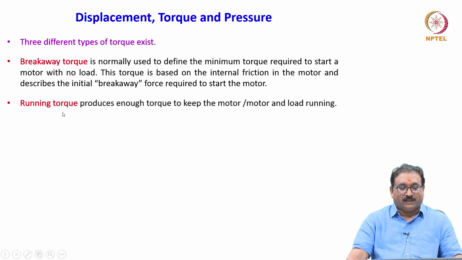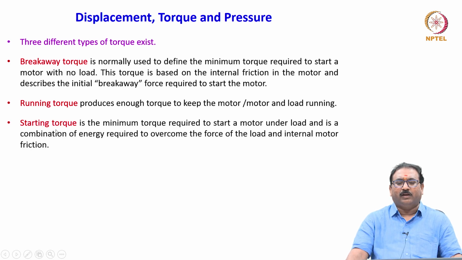The second is running torque, which produces enough torque to keep the motor and load running. Starting torque is the minimum torque required to start a motor under a load and is a combination of energy required to overcome the force of the load and internal motor friction.